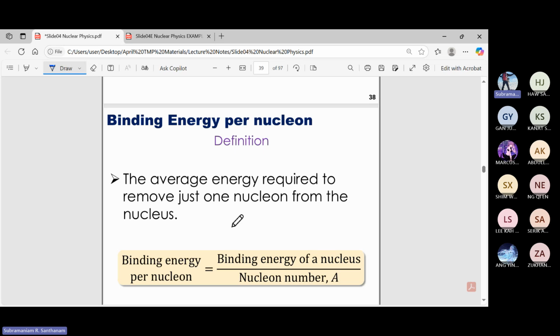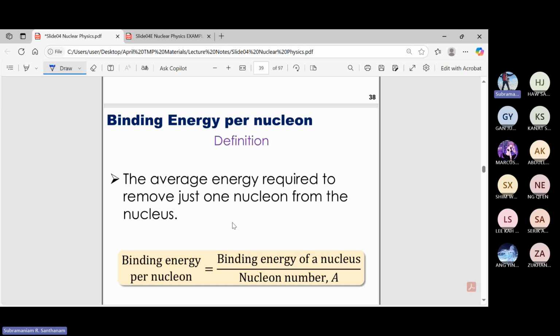It's just like in the chapter on thermodynamics, where you have specific heat capacity: the amount of energy required to raise the temperature of 1 kg of a substance, and the amount of energy required to increase the temperature of m kg of a substance. So then you have specific heat capacity and heat capacity. Here also, you have the binding energy for the whole nucleus and the binding energy per nucleon.